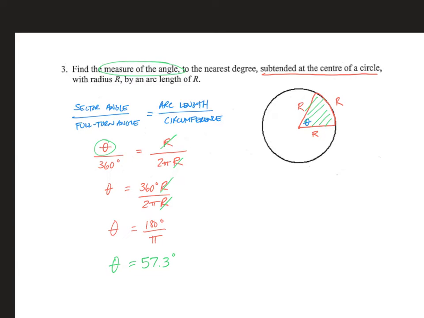I understand it's not a triangle because it has a curved side, but if you were to call it a triangle, then all three of those sides would have the same length. And so really, it's close to an equilateral triangle. And what angle is every angle inside of an equilateral triangle? They're all 60 degrees.